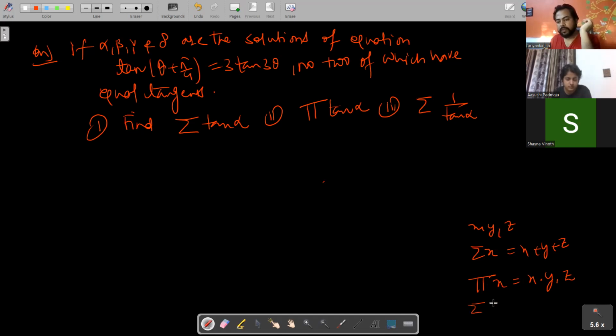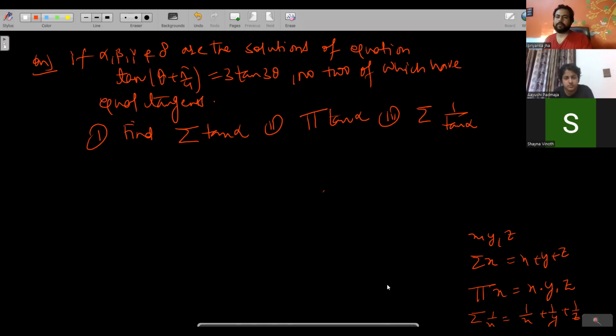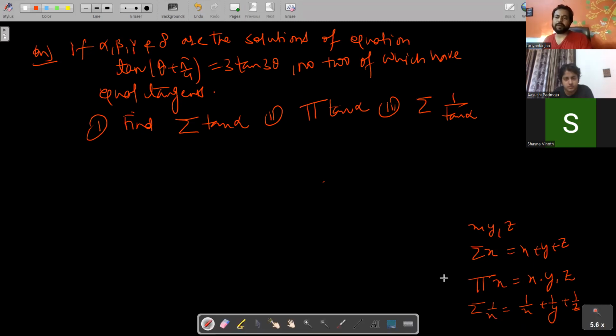And if I write summation 1 by x, it means 1 by x plus 1 by y plus 1 by z, right? Now solve this. Sir, what's the symbol for the product called? We call it a pi kind of symbol. Okay.